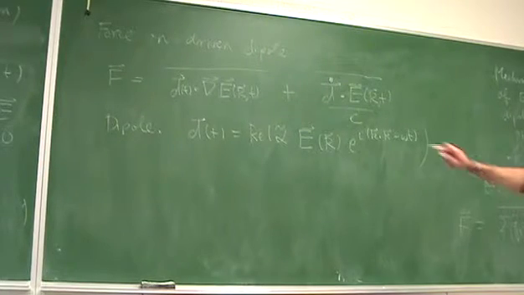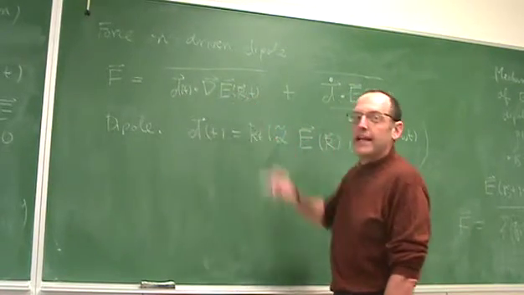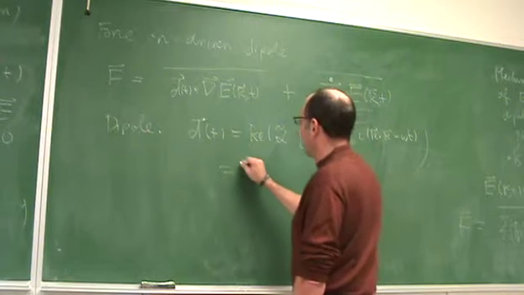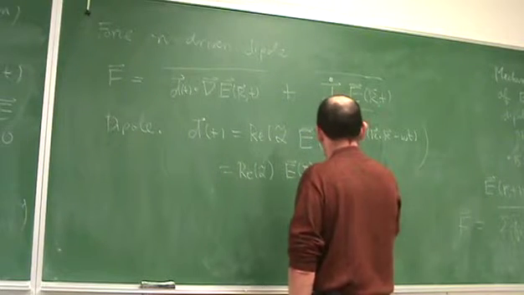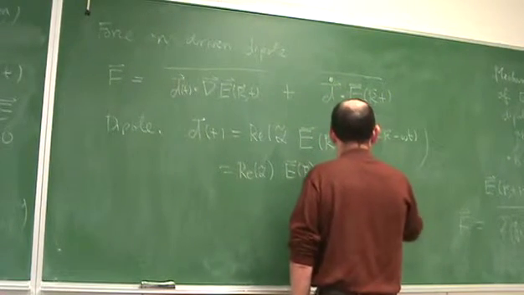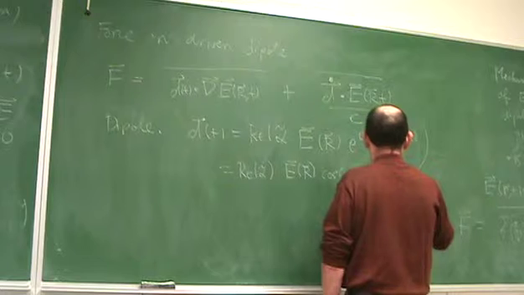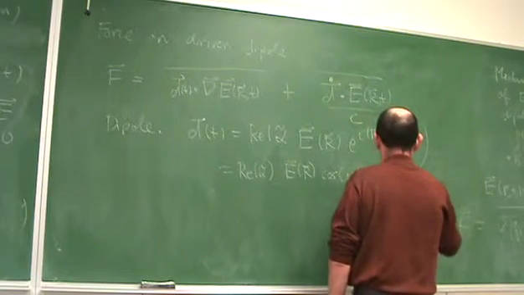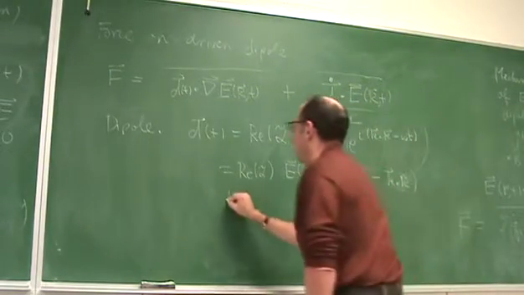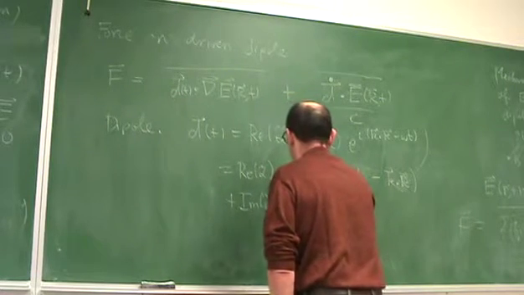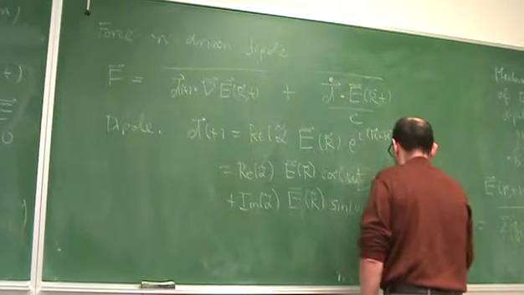So let's take a look at this expression here. We're looking at the time average of d dot E. Remember, this is equal to the real part of this cosine of k dot r minus omega t, let me write it the other way, plus the imaginary part, sine of minus theta.